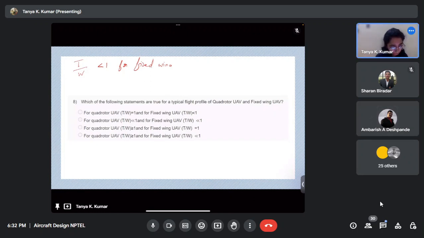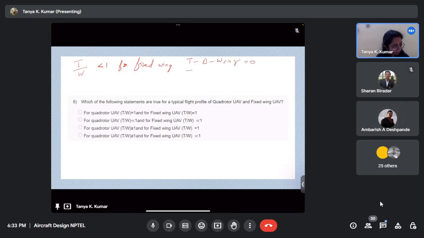Okay, so during climb, I think sir had given this equation, right? So let's just write that down. What was it? So for climb, the equation of motion was T minus D minus W sine gamma equals 0 for steady climb.